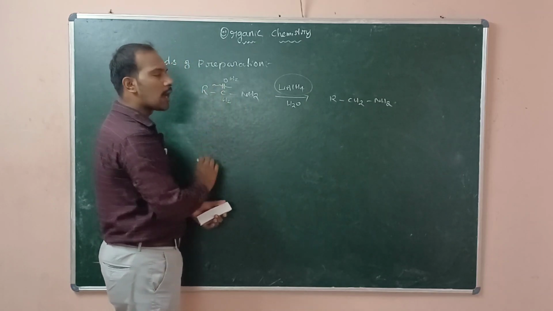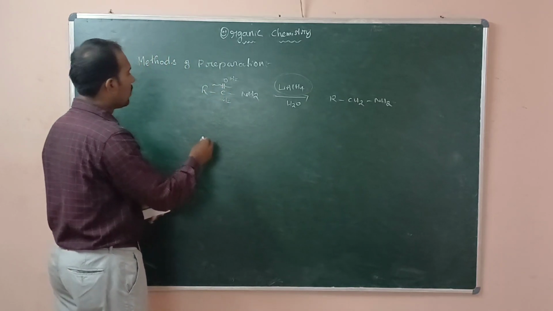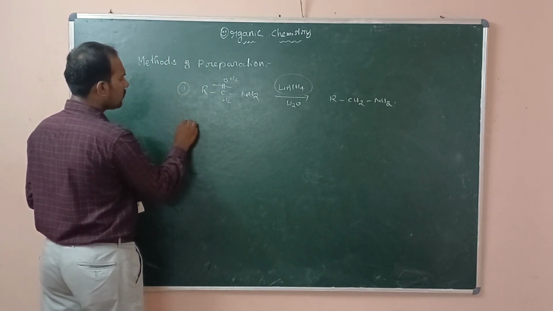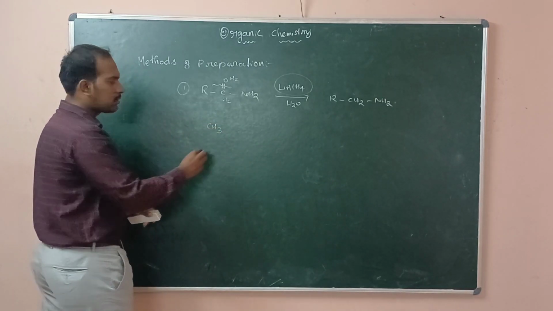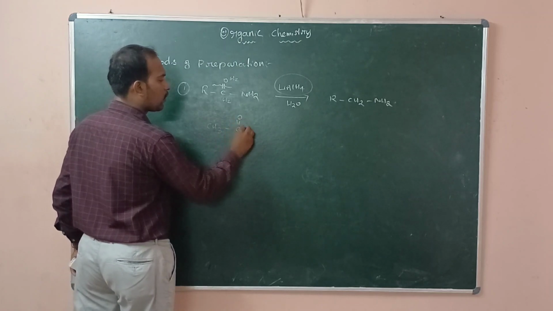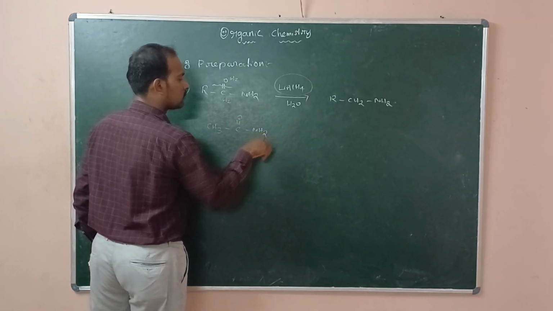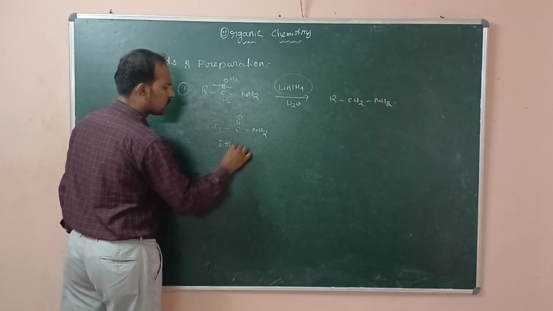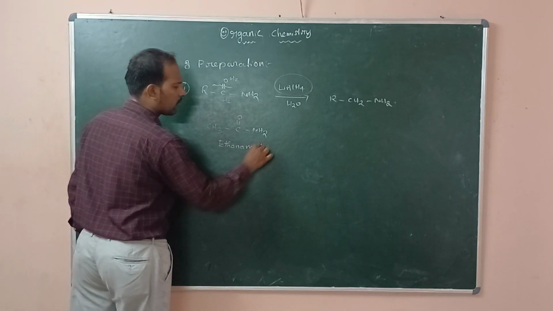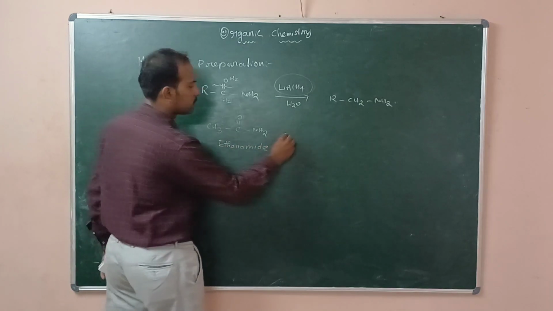It reduces carbonyl compounds. And here the question is, how will you convert CH3 C double bond O NH2, which is called ethanamide, to ethanamine?